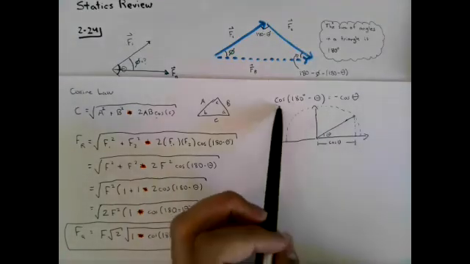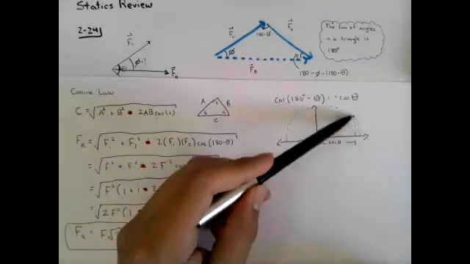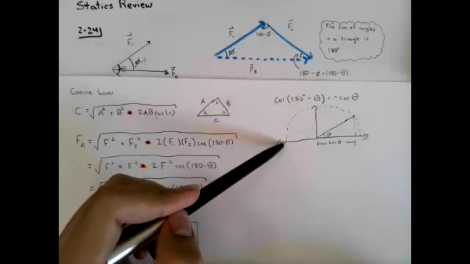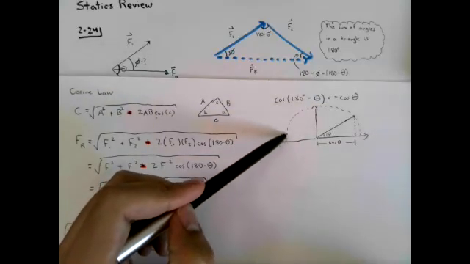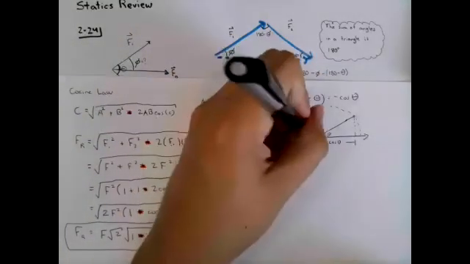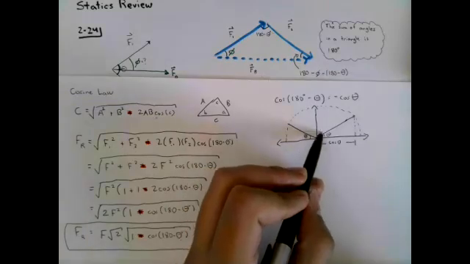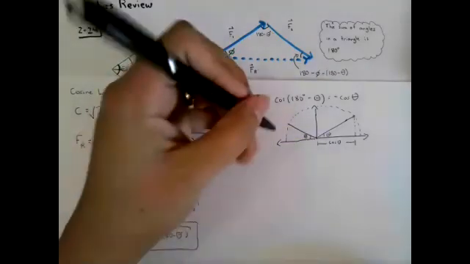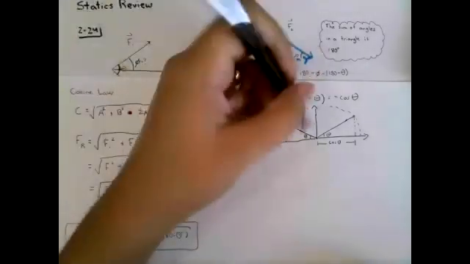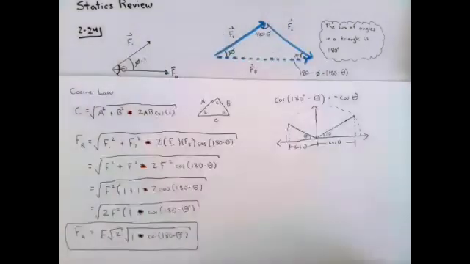But now, if I'm saying the cosine of 180 minus theta, that is going at 180 degrees, all the way to the other side. And when I say minus theta, that means that I'm moving clockwise at a direction of theta. So I get that this angle is also theta. So if this angle is 180 minus theta, then this angle is theta. Now what that means is that this length will also be cosine of theta.